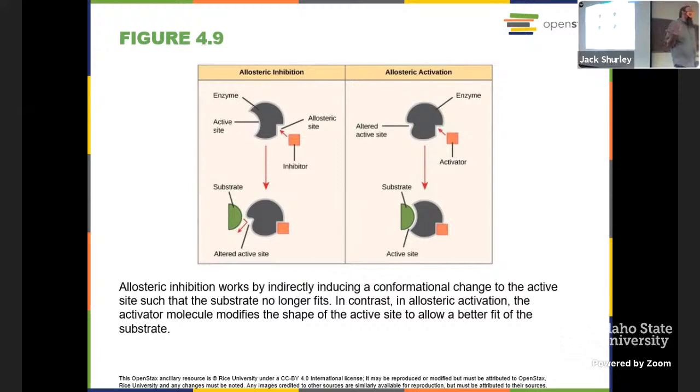So it depends on the types of reactions, the types of products and substrates that we're dealing with that allow for regulation of this. Some stuff gets regulated and other stuff just happens. It depends. They're not all governed by allosteric mechanisms. There are some other types of mechanisms as well.